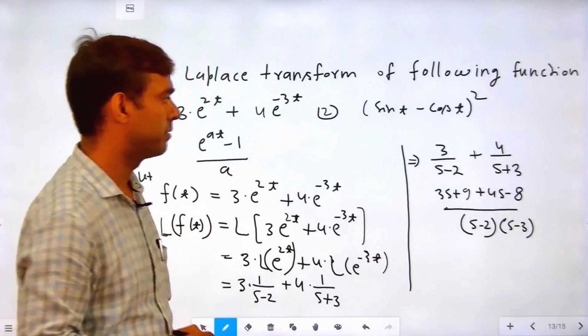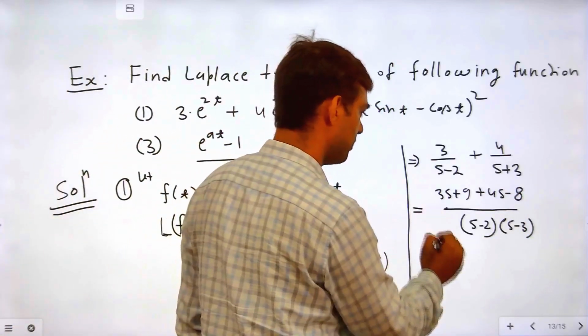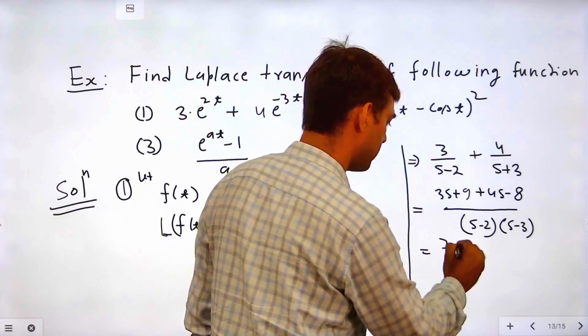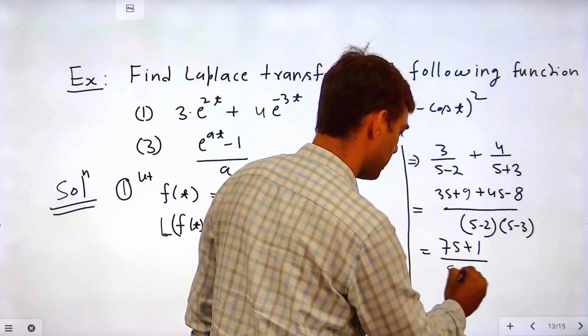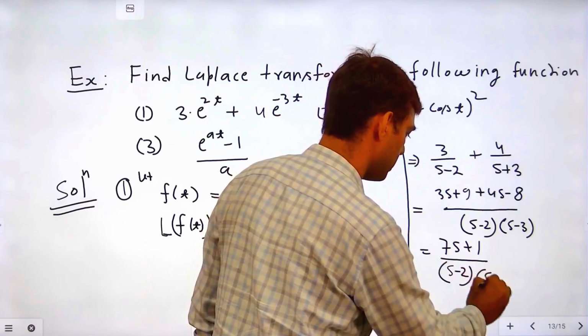So this becomes 7s plus 1 upon s minus 2 and s plus 3.